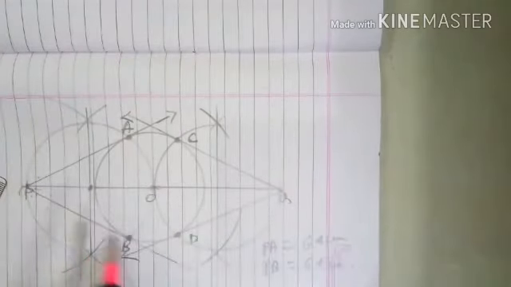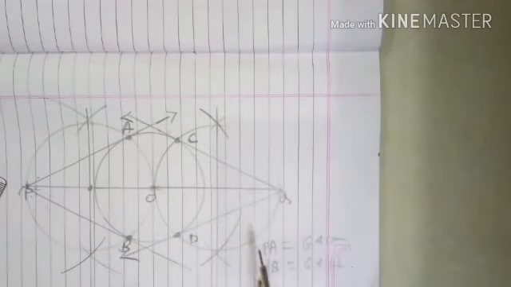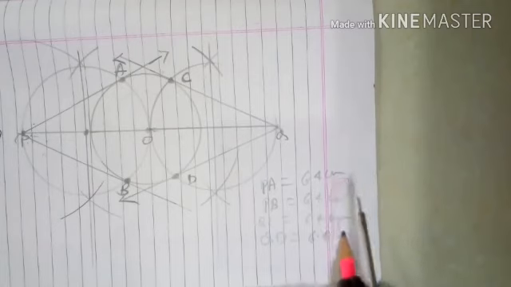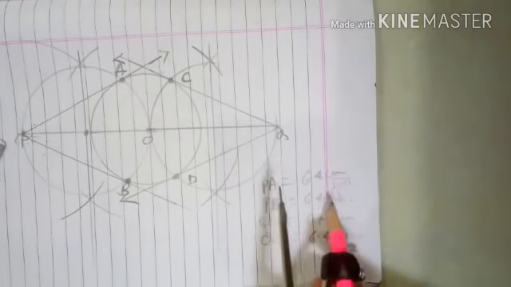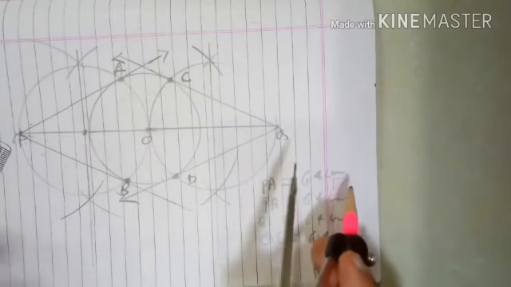So PA is equal to PB is equal to QC is equal to QD. Okay, so QC is equal to 6.4 centimeter and QD is also equal to 6.4 centimeter. Okay, you may get it at 6.5 or 6.3. Just check. But if you get 6.4, then it is perfect.